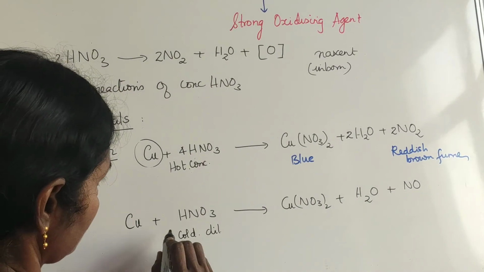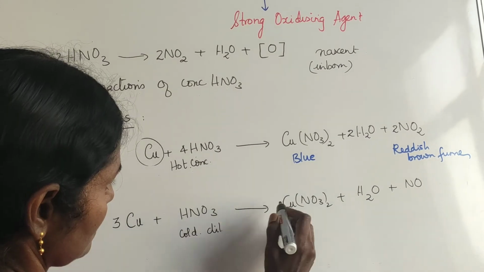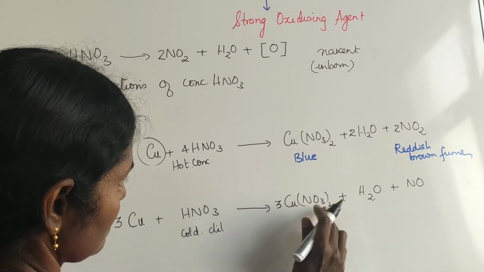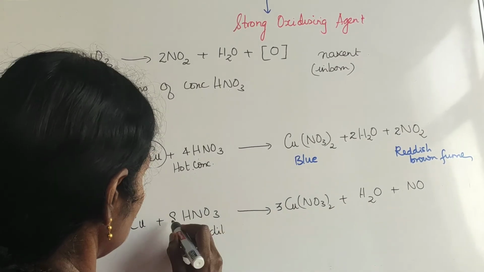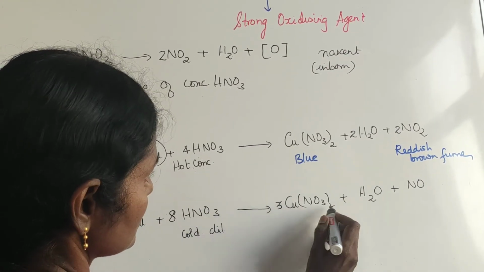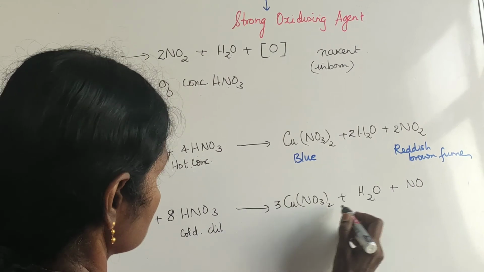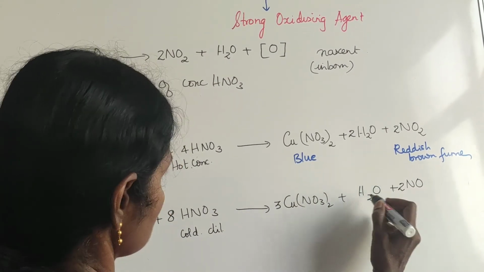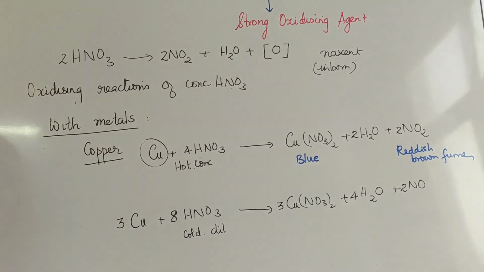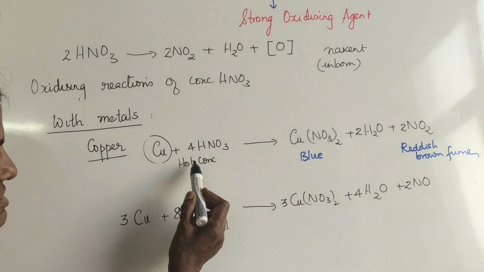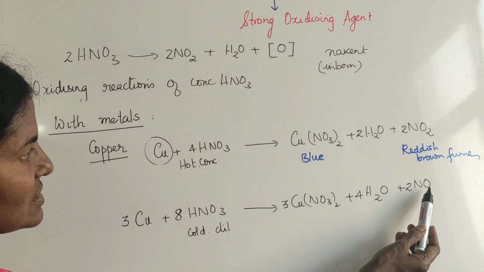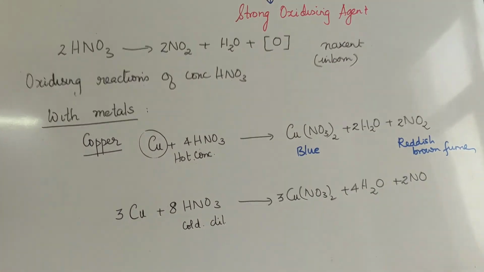So 8, 6, 2 and 4. So depending on the concentration of nitric acid, the oxides of nitrogen formed are also different.